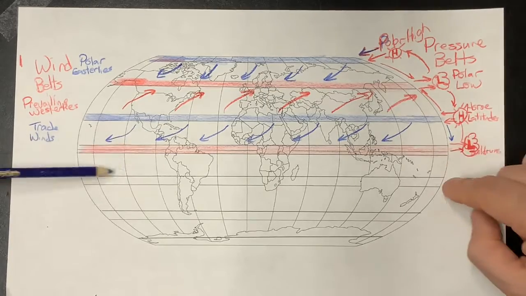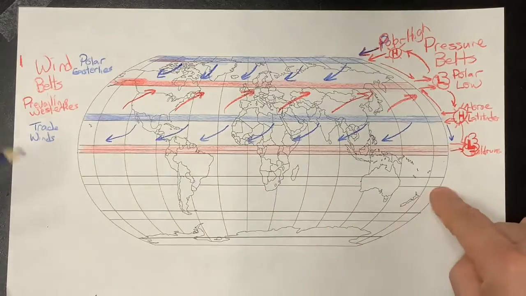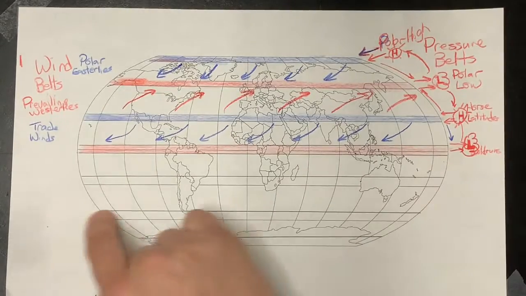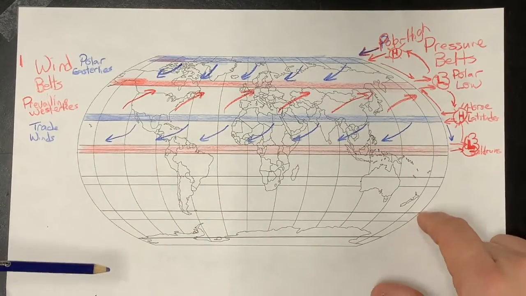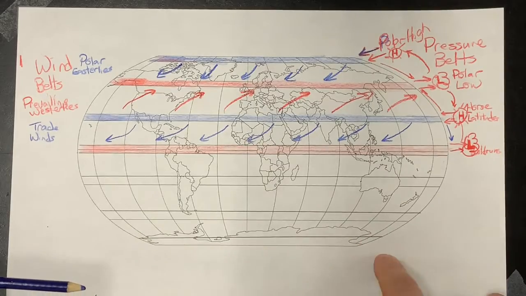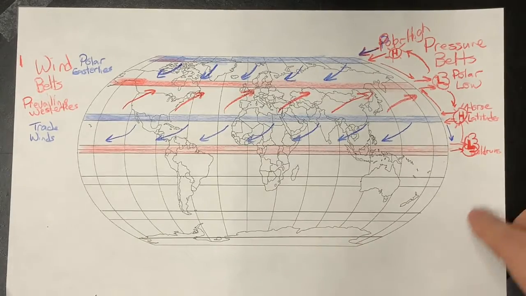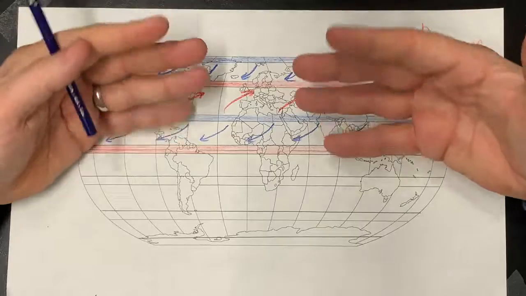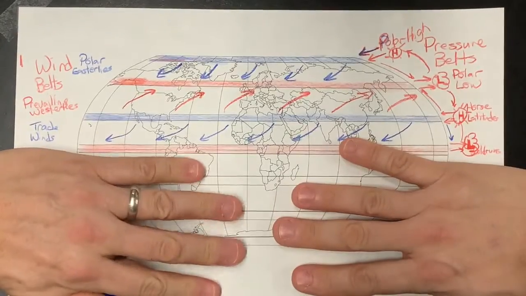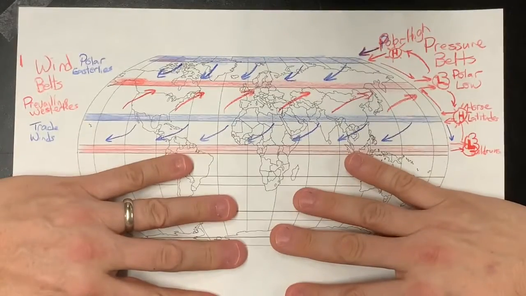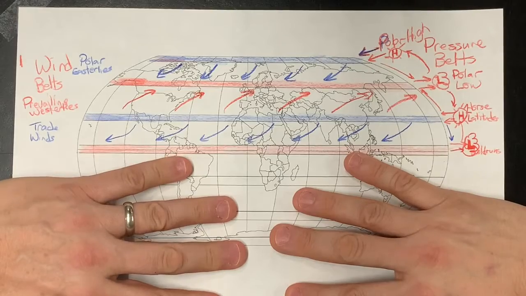But then we have another belt of high pressure called the horse latitudes again, and then we have another belt of low pressure called the polar low, and another belt of high pressure called the polar high. So if you could just flip that over, it would be a copy.